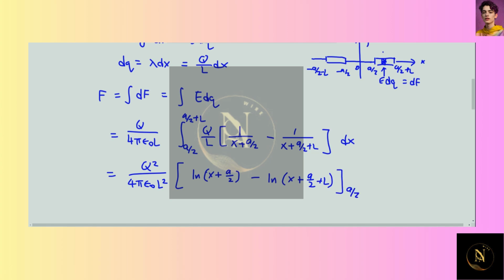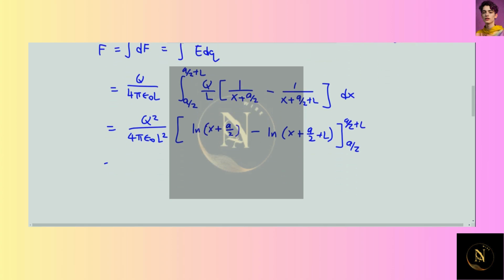After the integration, you start to put in the limits, so you get ln(a plus L) minus ln(2a plus L) minus ln(a) plus ln(a plus L).